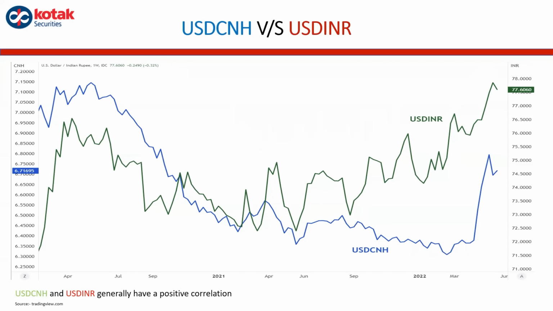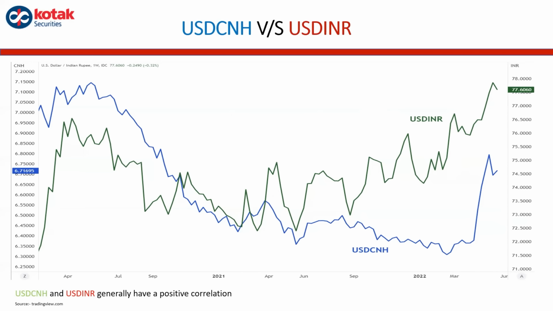So the simple justification here is China is the third largest economy in the world and is one of the biggest emerging market economies. So if something is putting pressure on the Chinese yuan or something is pushing the Chinese yuan lower, or say the Chinese yuan is depreciating against the dollar because of some reason, it is going to affect the other emerging markets.